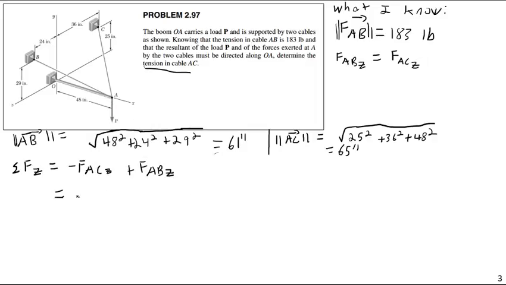This is equal to, and of course this is equal to 0. Would you believe me if I said the problem is almost complete? It actually is. Negative 24 inches over 61 inches times FAC.